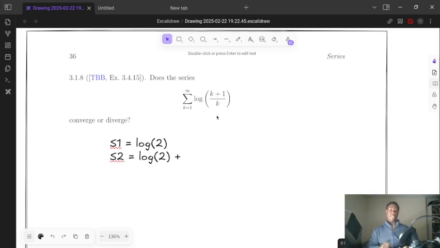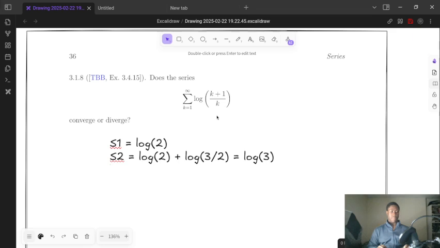We plug 2 in there, and so we're going to have 3 on top and 2 on the bottom. By properties of logarithms, if you have a summation of logarithms with the same base, you can multiply the inside. So that means that we have log of 3, since the 2 cancels.